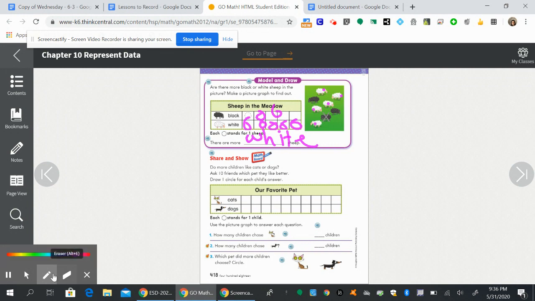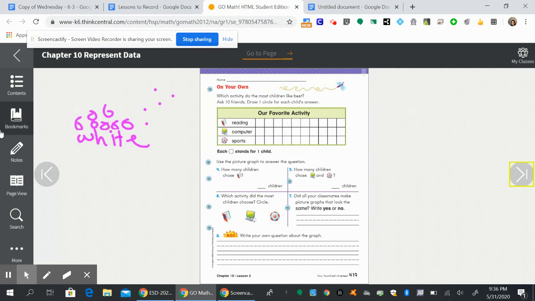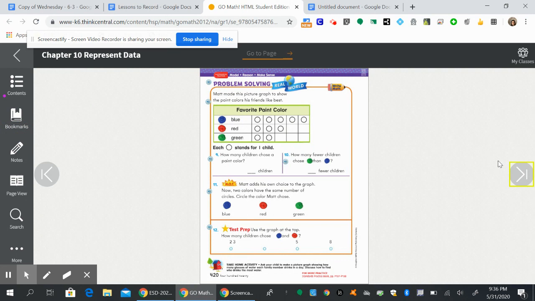You can do graphs with really anything that you'd like. You could do your favorite pet. You can do your favorite activity. Let's see, let's answer some questions about this graph. So it's favorite paint color, blue, red, green, okay?